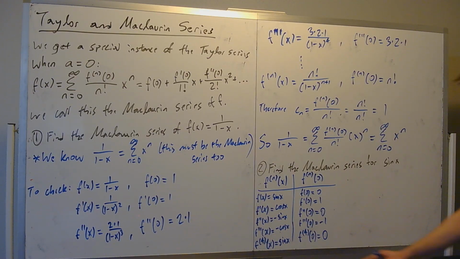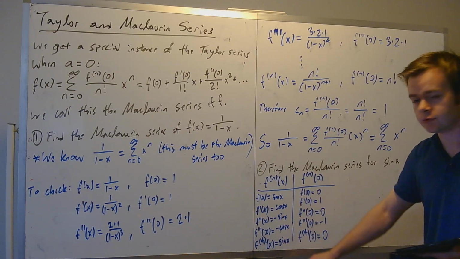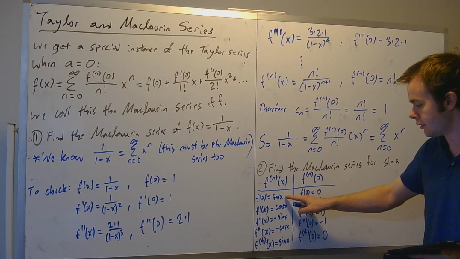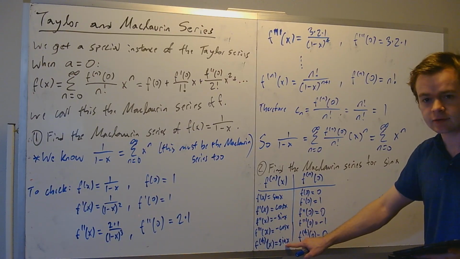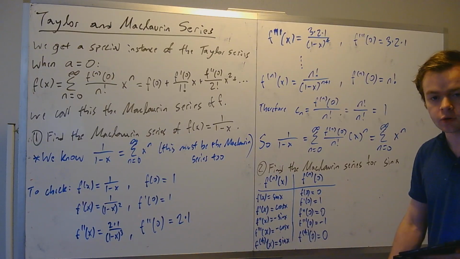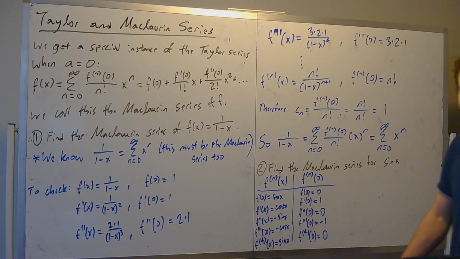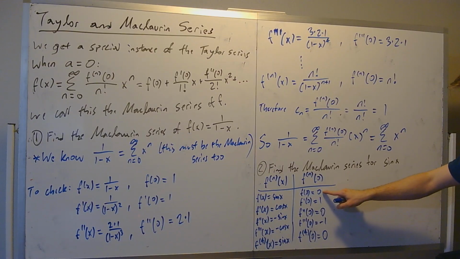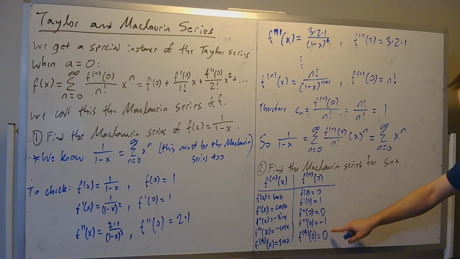So what we can see from this is actually the derivatives repeat, right? Because you get sine x, and then eventually you get back to sine x, and then if you do another 4 derivatives, you're going to get back to sine x again. So it's going to keep repeating itself. So we're going to keep swapping between 0, 1, 0, -1, 0, and it goes back to 1, 0, -1, and it's just going to keep going like that.